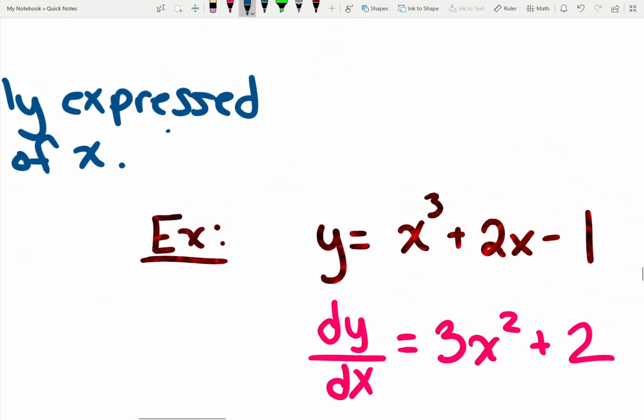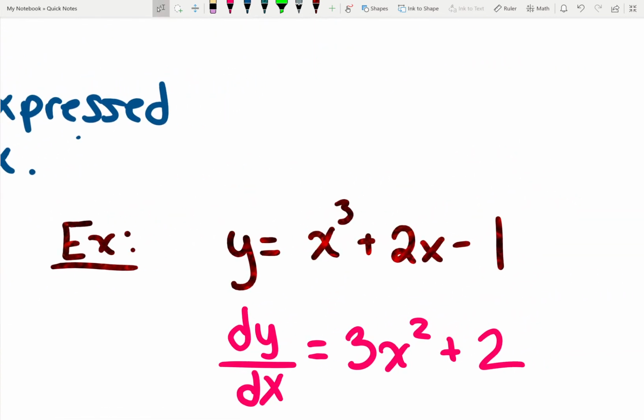Let's look at this guy now. Well, we have y equals this whole mess right here, x cubed plus 2x minus 1. Again, this expression is clearly telling us that y is equal to some manipulations of x's, okay? So it's explicitly telling us how y is related to x.